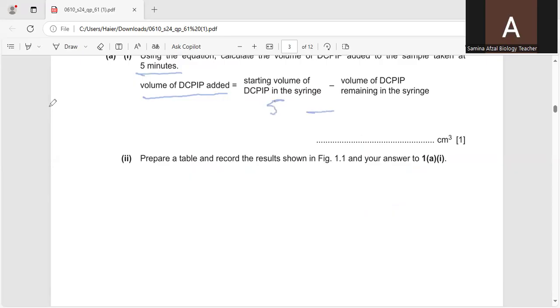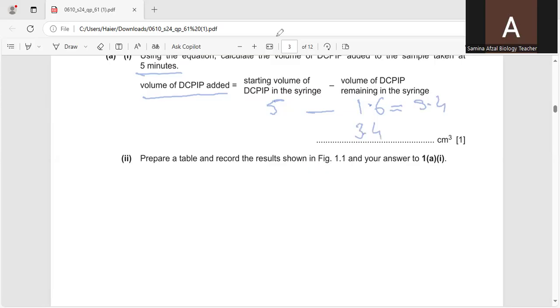The volume of DCPIP remaining in the syringe is 1.6. I have taken this value from the figure given on the last page. So when we calculate this value, the answer will be 3.4 cubic centimeter.